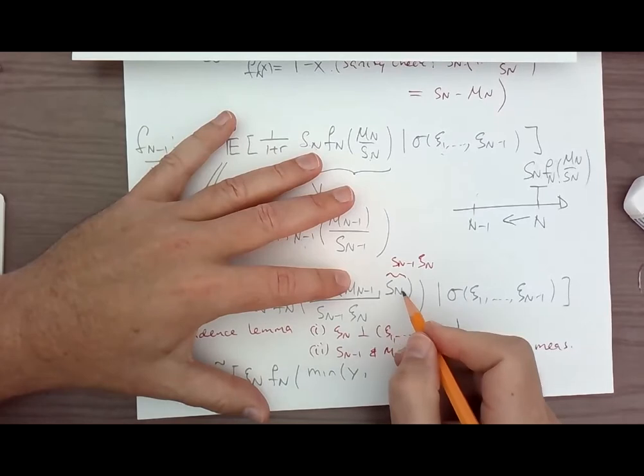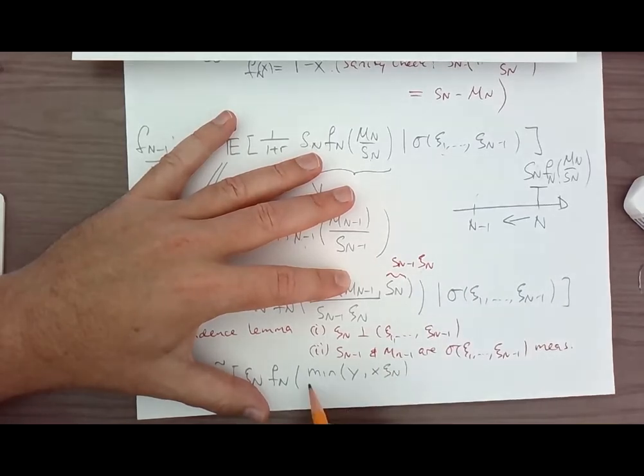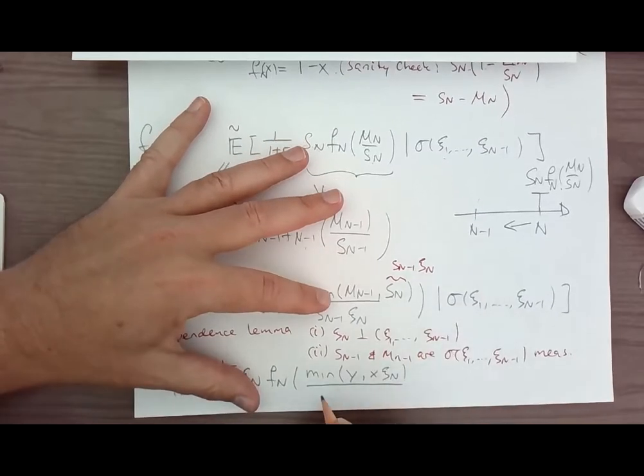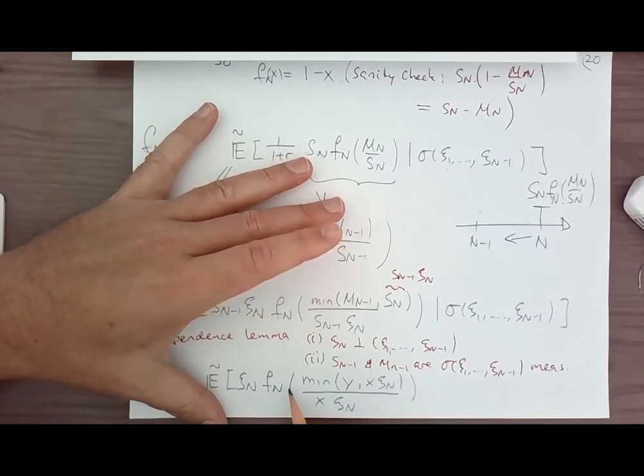And then here I have Sn, that's going to be Sn minus 1. So Sn is going to be replaced by a dummy. This one was independent. And then down here, I'll divide by Sn. The dummy here was x. And I'll have psi. This is all inside the function Fn.